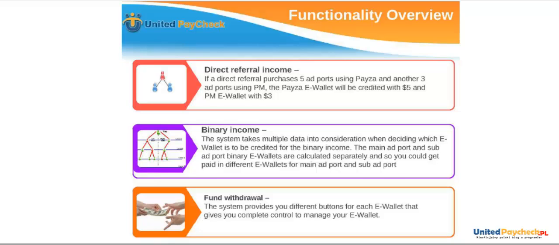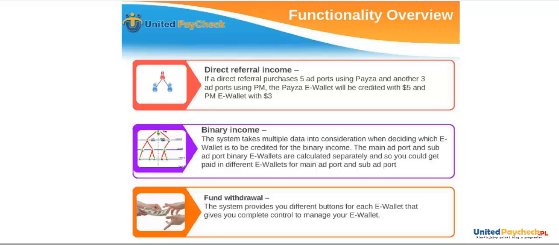The main ad port and the sub-ad port binary e-wallets are calculated separately, and so you could get paid in different e-wallets for the main ad port and for the sub-ad port. As the binary is made for your team effort and some network marketing activities, this approach is the driving principle for that new formula.